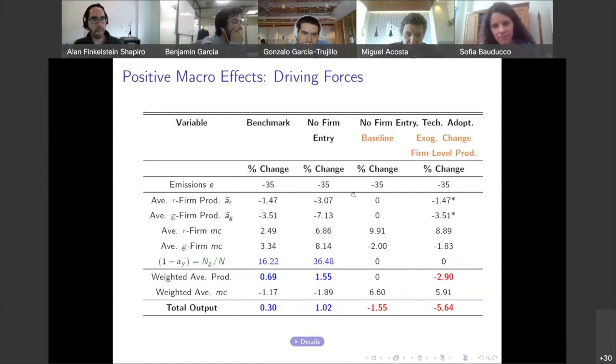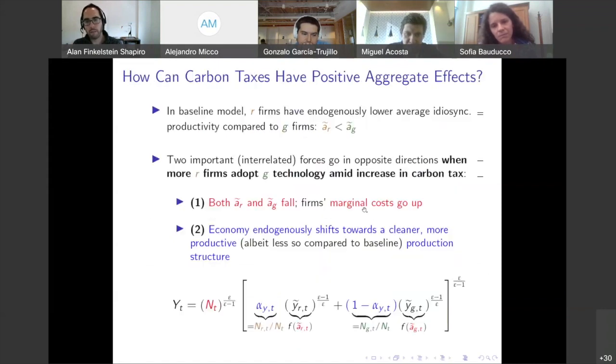So how important is the elasticity of substitution of goods? You have not mentioned it, because if you assume you don't have elasticity of substitution, you cannot do that. Yeah, we take that parameter from what people have estimated for the US.